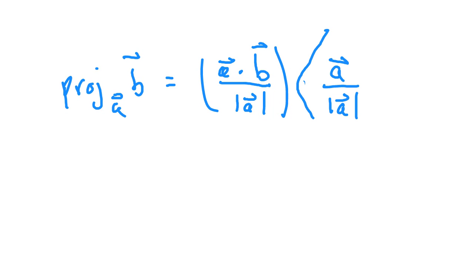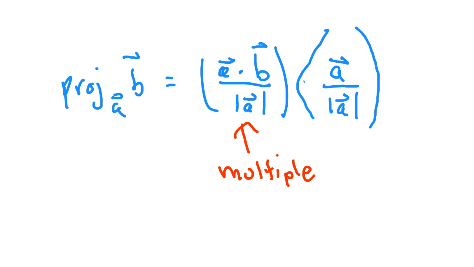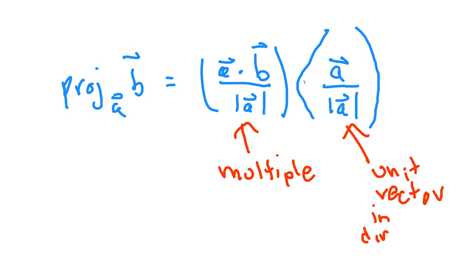When we write dot, we think dot product, so we have to be careful. So basically, this is a multiple of a unit vector in the direction of the vector A. That's what you have.